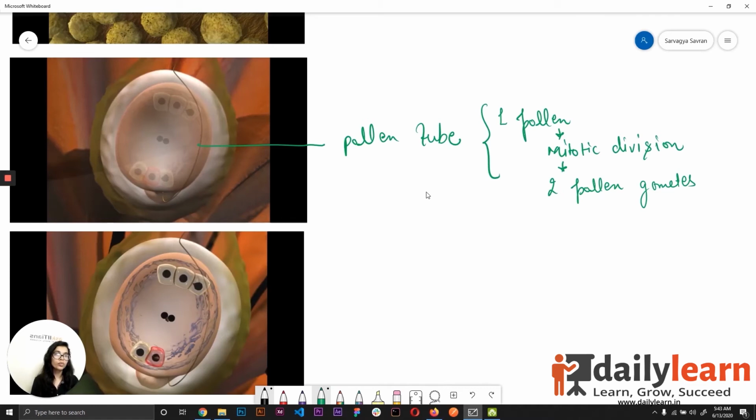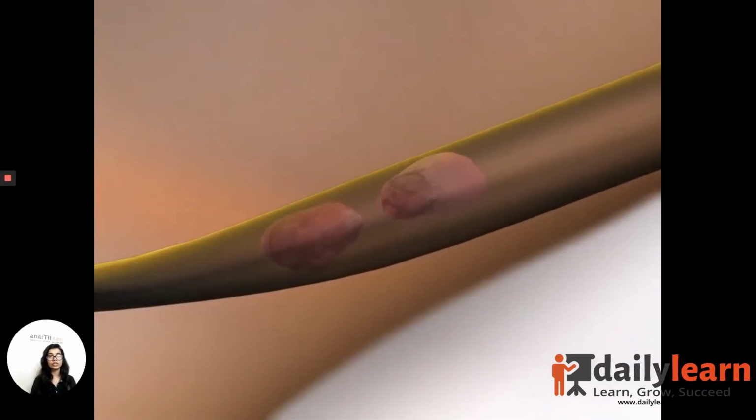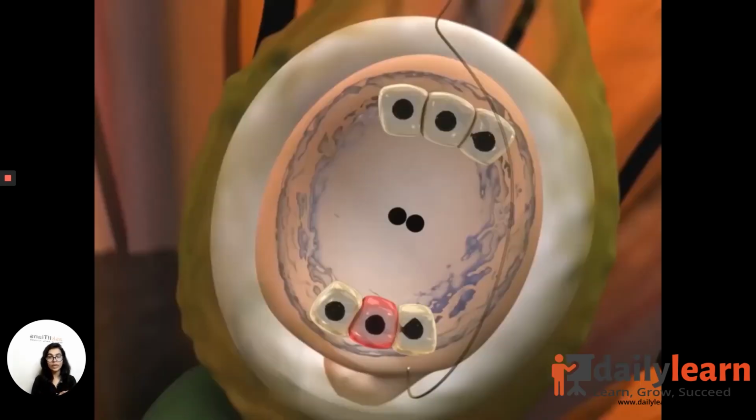These two pollen gametes will be haploid. That means they will have only one copy of the chromosomes or only half the number of the chromosomes, right? And these will enter through the micropylar end that has already been discussed, right? I hope you'll remember it till the end. Now let's get back. This is how the division occurs, which I have already explained to you.